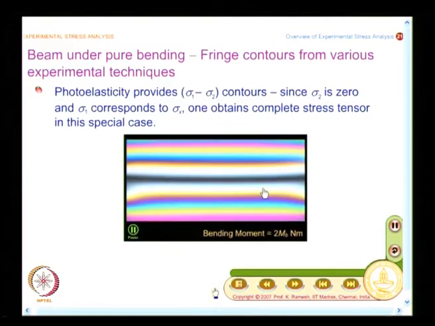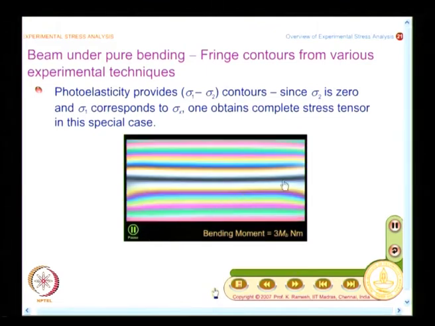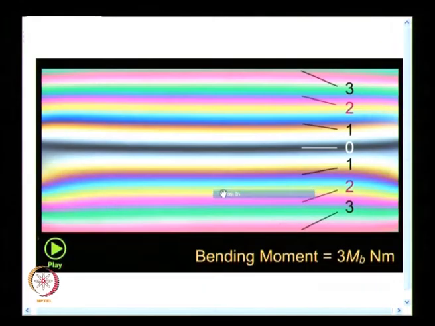So it is a function of load and I can also label them, and when I triple the load the fringes increase from 0 to 3 on either side. By looking at the color, it is possible to identify the number associated with the fringe in photoelasticity reasonably well with the eye.